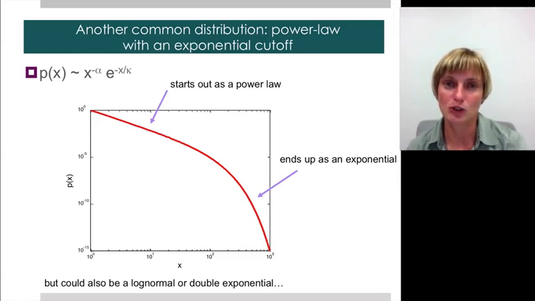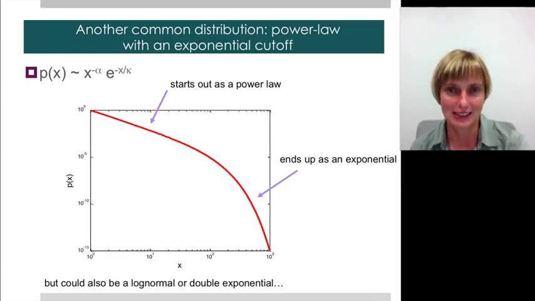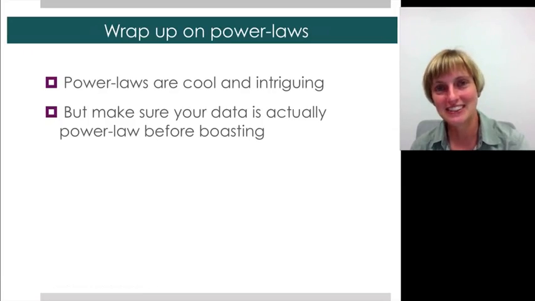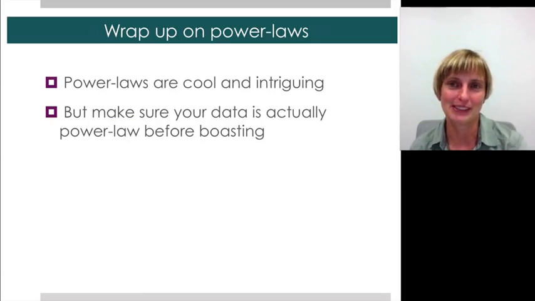For example, constraints such as how many people you could ever interact with, or there are only so many individuals available to connect to, etc. Right? There could be different reasons for these cutoffs. So just to wrap up, power laws are cool and intriguing, but you should make sure that your data is actually power law before you boast to others.